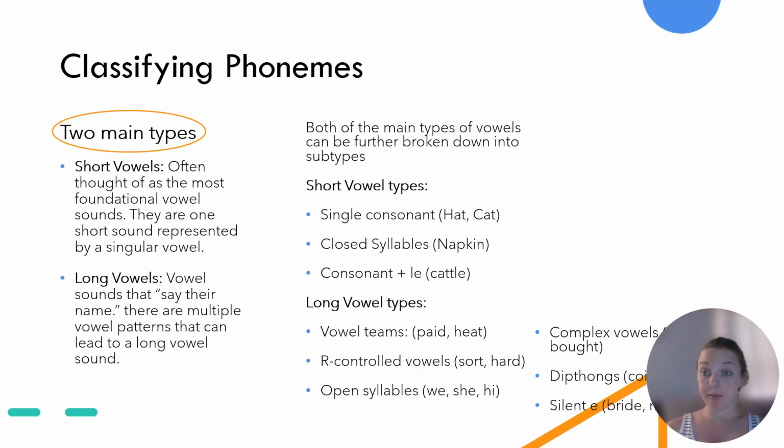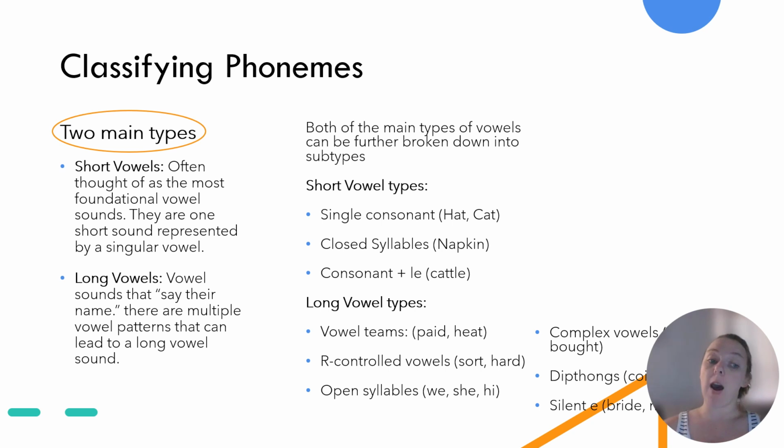Now let's classify the phonemes. There are 2 main types, short vowels and long vowels. Short vowels are often thought of as the most foundational vowel sounds, and they are one short sound represented by a singular vowel.